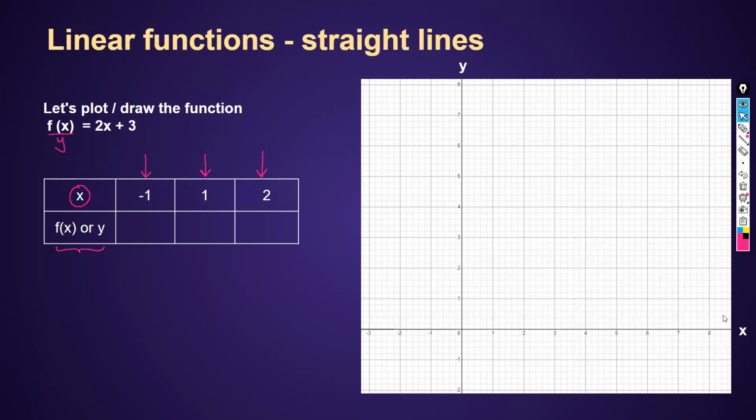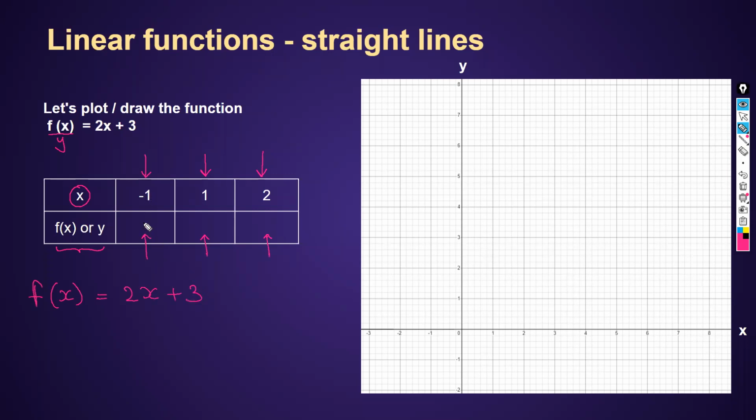So once we choose 3 good values for x, guess what we have to do now? We have to calculate the corresponding y values. So to calculate this y value, we have to go to the equation. Remember, the equation is f(x) = 2x + 3.